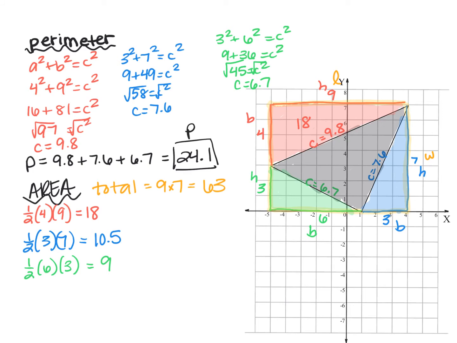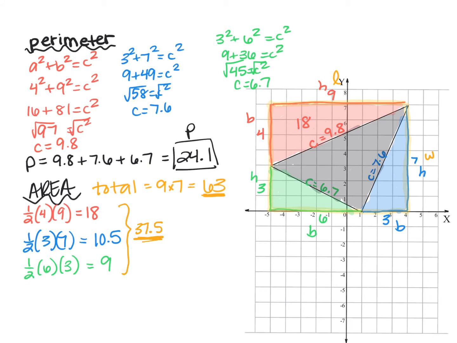So I am going to take my total area and subtract 18, 10.5, and 9. It's easier to add those up first. So the whole rectangle is 63 units squared. We used 37.5 units squared for the triangles that we added to the figure.